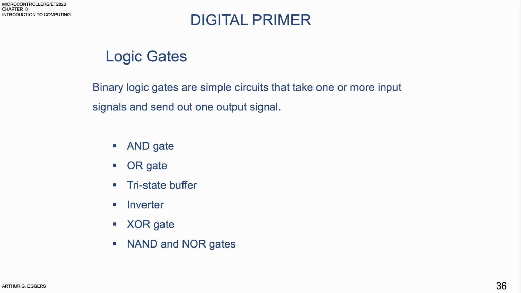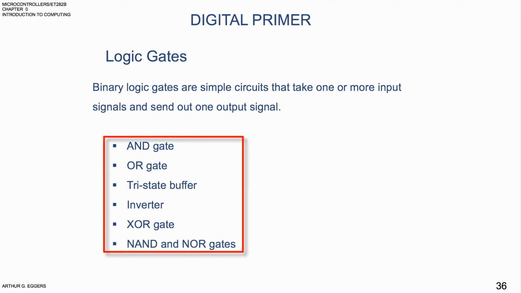You've seen the logic gates, you've done some design work, and you've done some calculations and methodology with the logic gates when you went through your digital logic course. Binary logic gates are simple circuits that take one or more input signals and send them out to become an output signal.